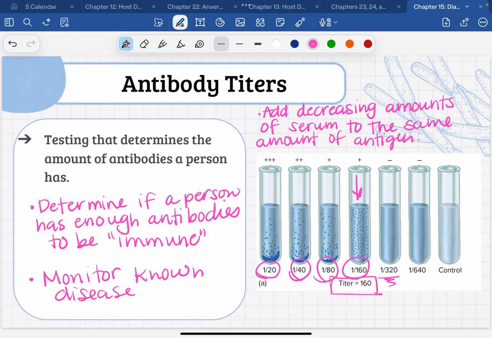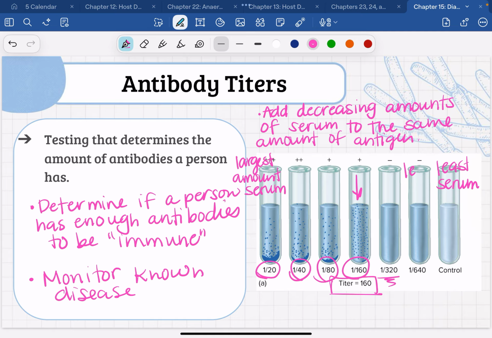Okay? So again, this is the highest concentration over here, so this is the largest amount of serum, and this is the least amount of serum. Wait, never mind.